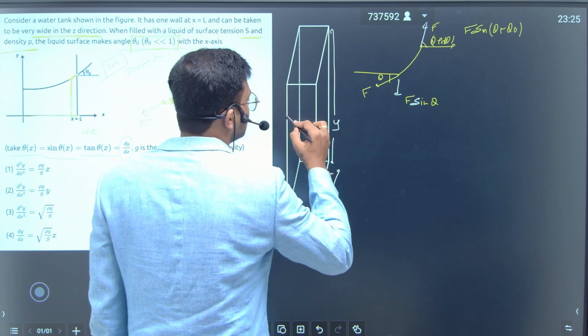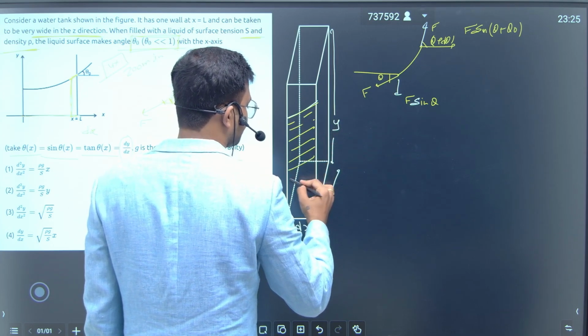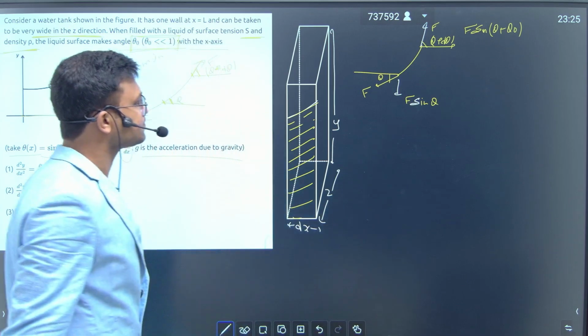Let's suppose this is the water level we are considering.